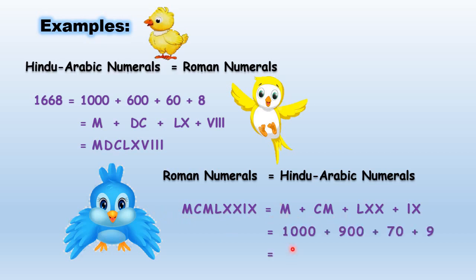So M for 1000, CM for 900, LXX for 70, IX for 9 makes the number 1979. With this, children, I'll finish the revision of Roman numerals, and I believe it is clear to you all. For getting more clarity, you have to practice and you have to keep these rules in your mind. So, thank you children. Stay blessed.